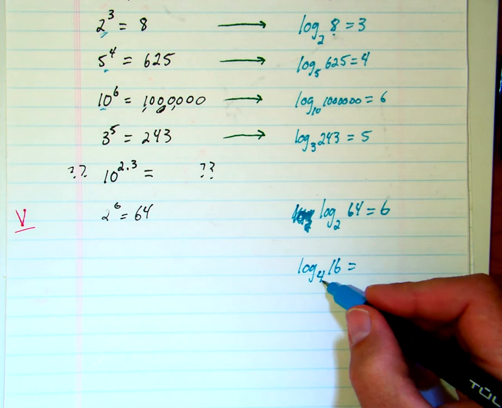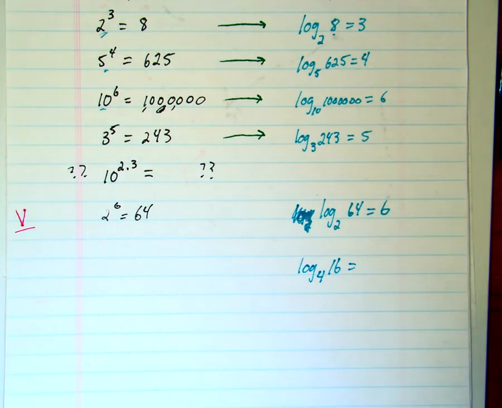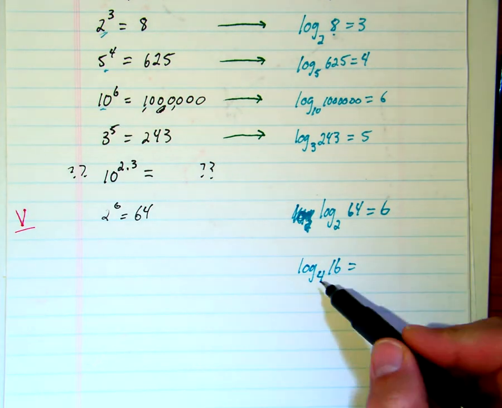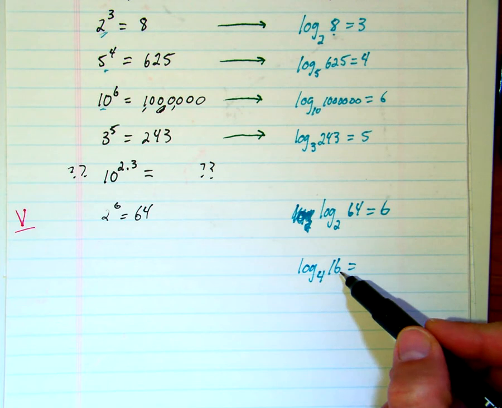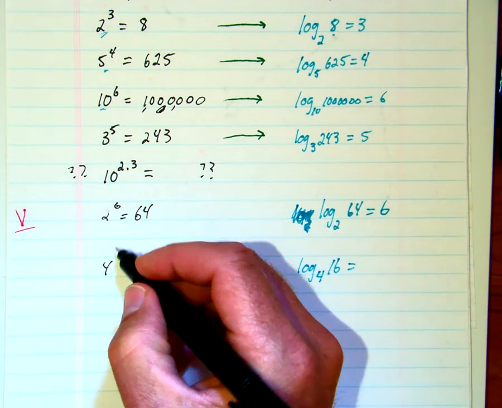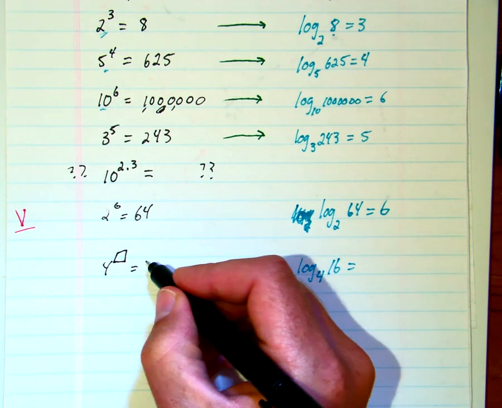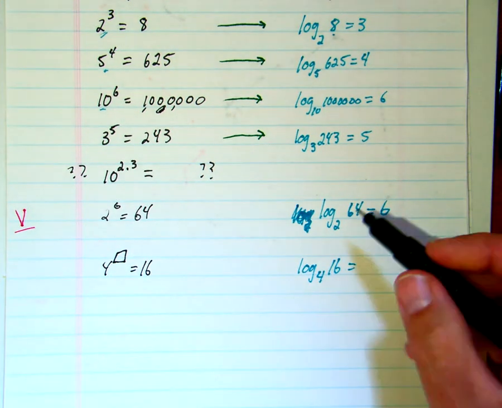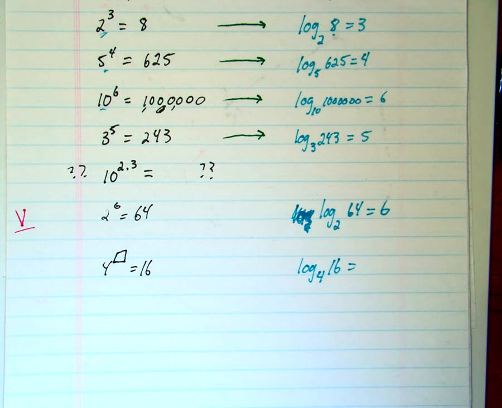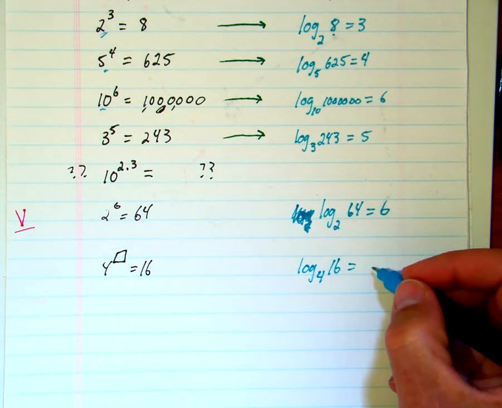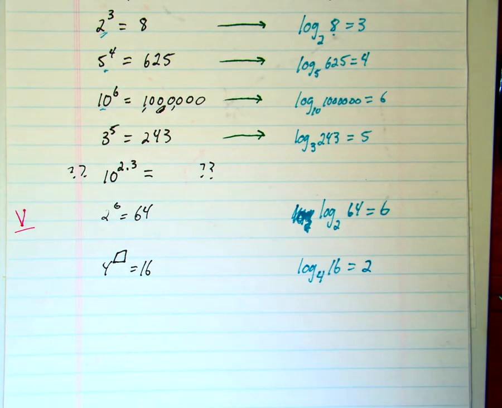Again, it's probably easier to think of it in exponents: you're taking 4 and raising it to some exponent to get 16. 4 raised to something is 16, which of course you know to be 2. So the log base 4 of 16 is equal to 2.